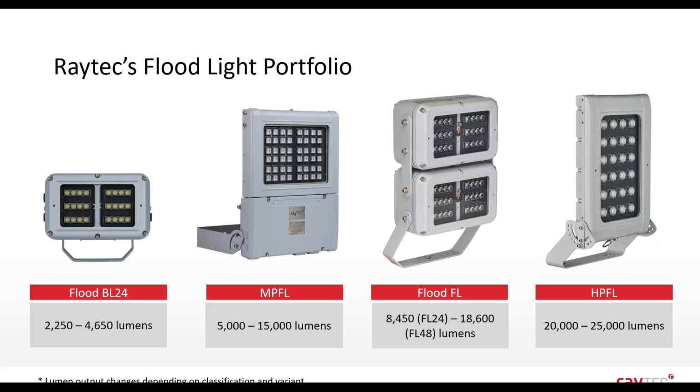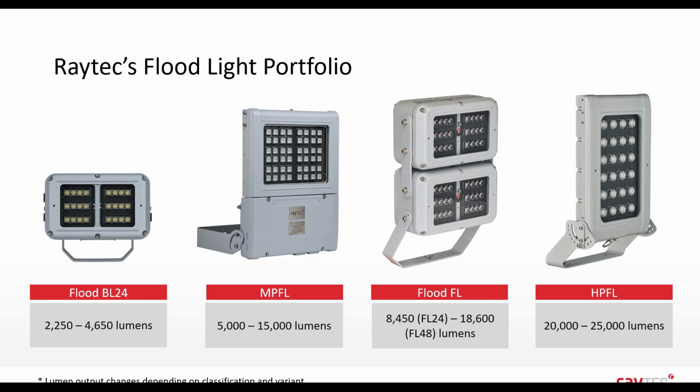The lumen output stretches from 2,250 lumens with the upgraded flood BL24 range to 25,000 lumens with the high power flood, with many luminaire and output options within the lumen range, including the new mid-power flood. We will explore the updates to the flood BL24 range and the FL24 range on the next slide.